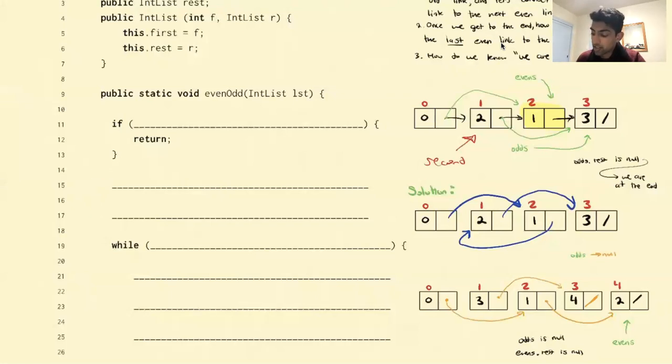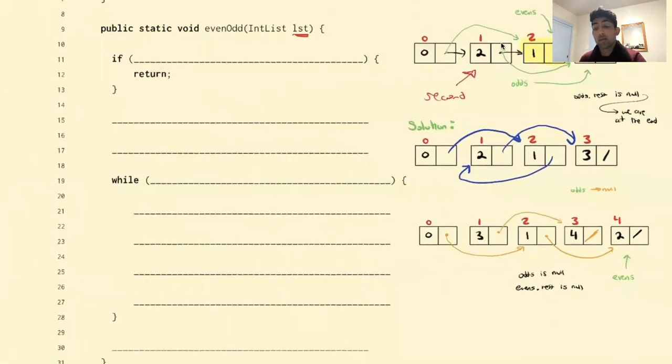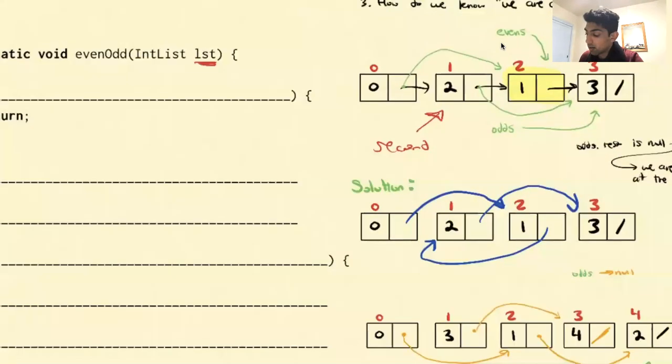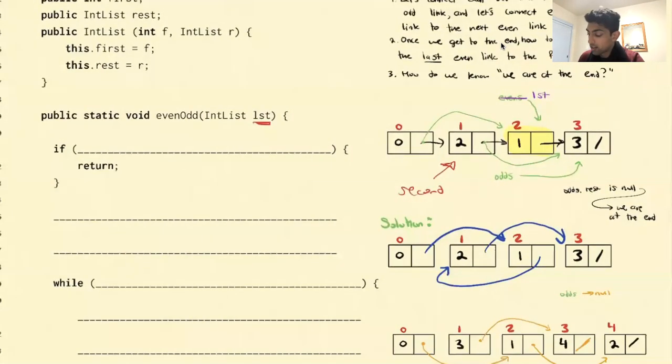So what we're going to notice is that we already have a pointer list, LST, right? So can we replace one of these pointers that we've created with LST? And what we can see here is that we can perform the exact same logic, but just replace evens with LST, right? So what we're going to do is we're going to create odds and second in this first line right here. And let's forget about the base case for now.